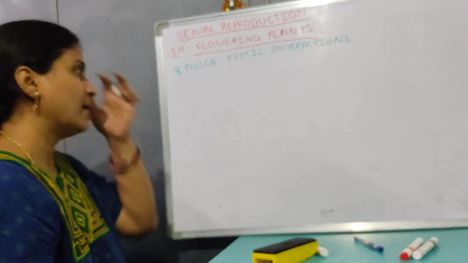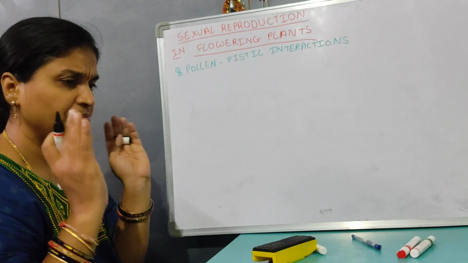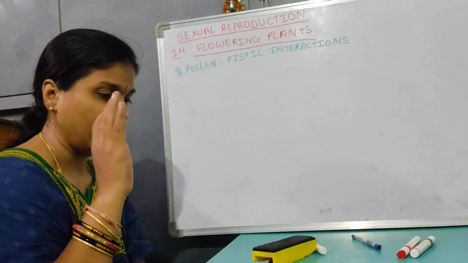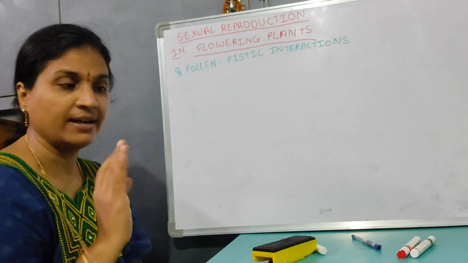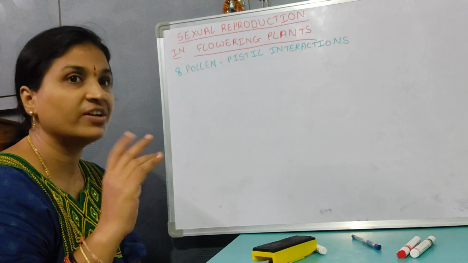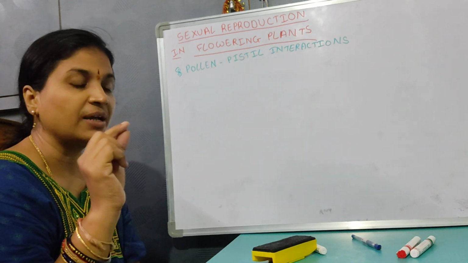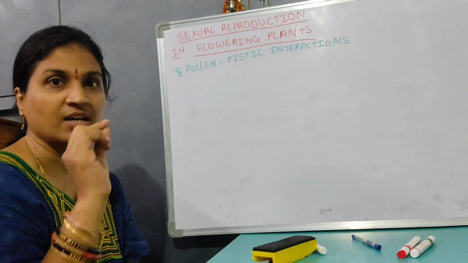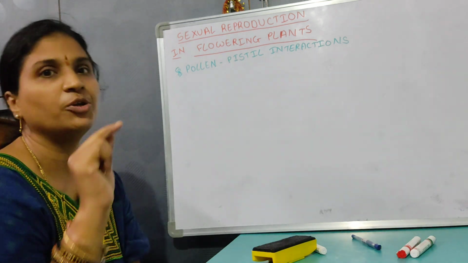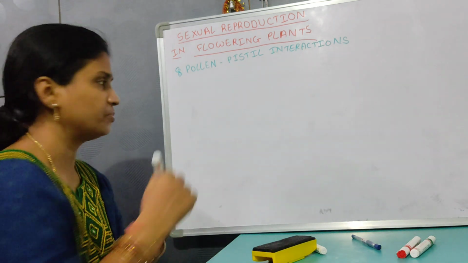Now what happens after compatible pollination? The pollen grain has fallen onto the stigma, and they are compatible, so the pollen grain germinates. The pollen grain is covered by 2 layers, and at some places the exine, the outer layer, is not deposited. This forms a germ pore, and through that germ pore the pollen tube comes out.